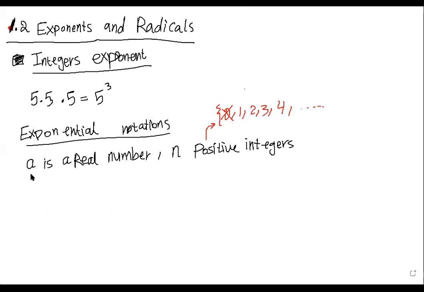So if I have a real number a and n is a positive integer, I can define a to the power n as a times a times a times a, such that this is n factors.